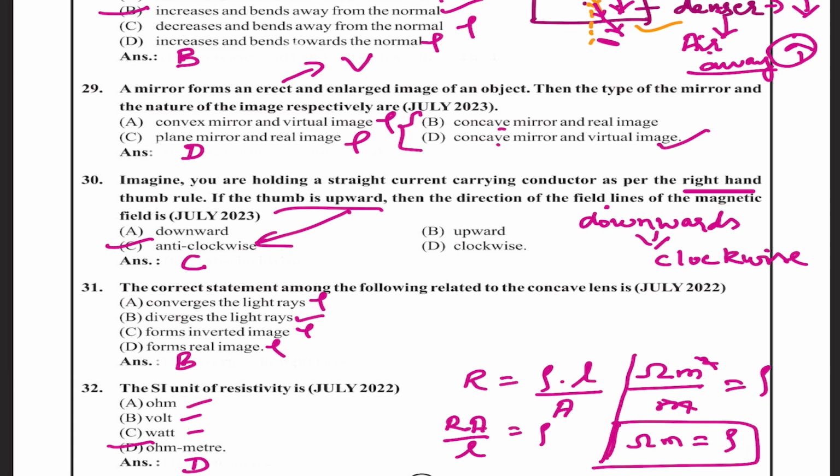Hence, this is the SI unit of resistivity. We will not be wasting time in the exam when we are solving MCQs related to properties and SI units. In the worst case, if at all you forget the SI unit, this is the method you can use to cross-check your answers. So, this is the correct option for the 32nd question.